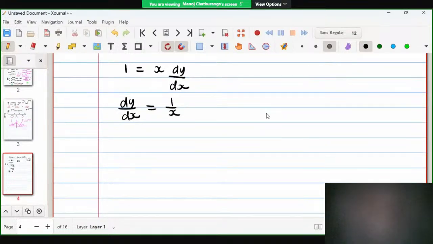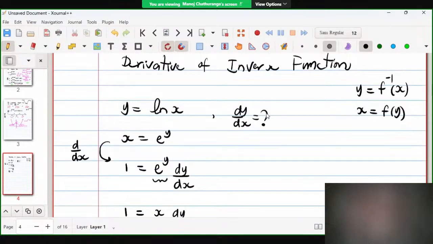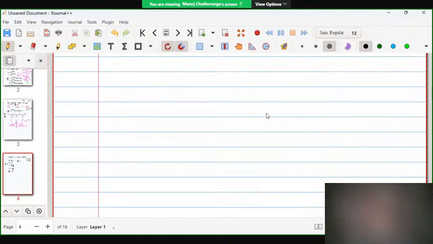You see, this is how we differentiate any inverse function. We can do the same trick for other functions like inverse trigonometric functions. I did not discuss inverse trig functions yet, but now that we have this, we can differentiate inverse trig functions.